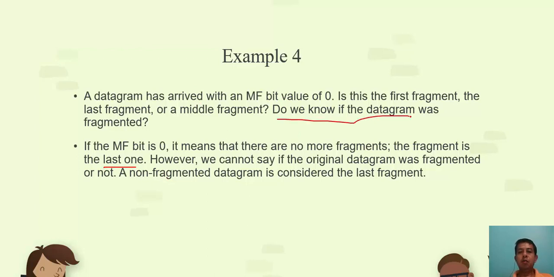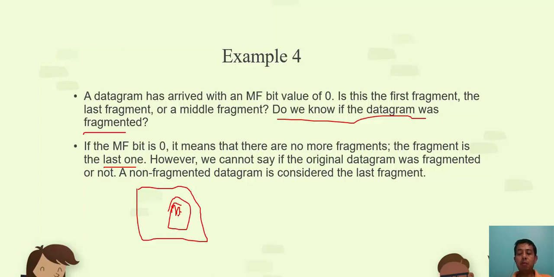Now, do we know if the datagram was fragmented? We do not know this for sure, because if a datagram is not fragmented at all, in that case also the MF flag value is 0. Clear? Only where some datagram is fragmented, the fragments which are not the last one have the MF flag set to 1, and the last fragment is set to 0.